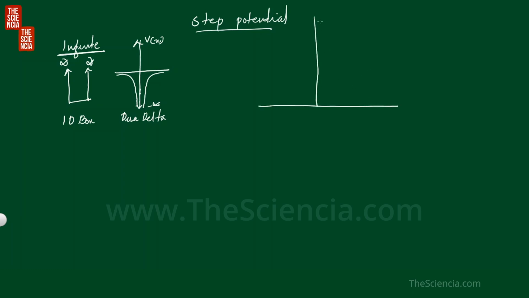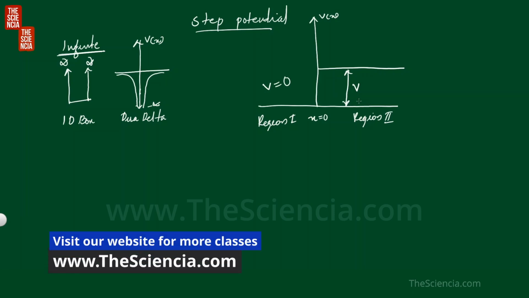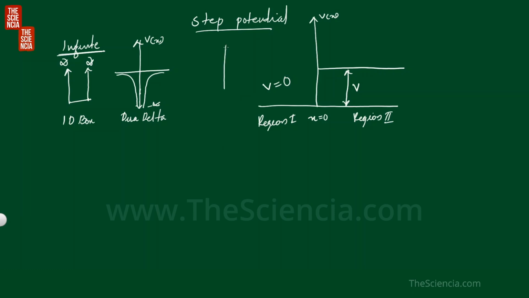This is V of x, and this is the step potential. That is, this has a certain potential, that is V. So here there are two regions. Suppose this is x equal to 0, then this is region 1 and this is region 2. In region 1, potential V is equal to 0, and in region 2, the potential is V. Here we can consider two cases of step potential.